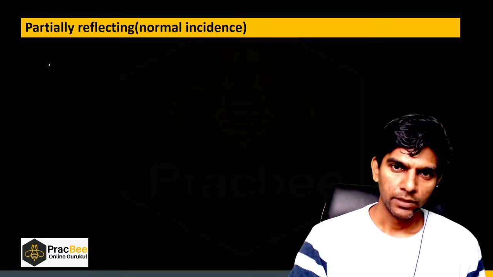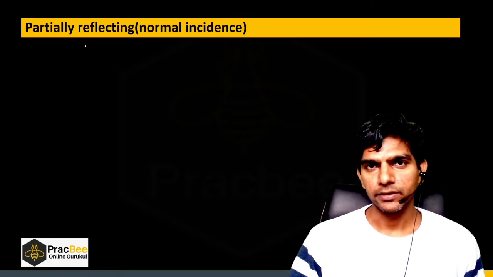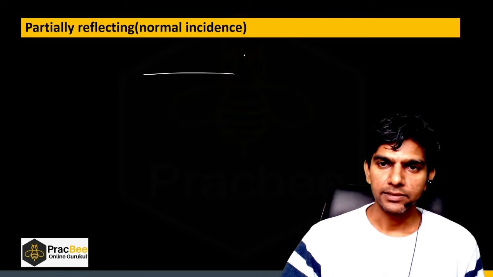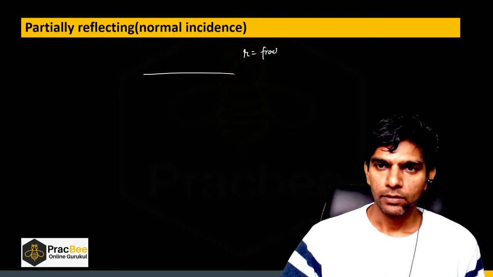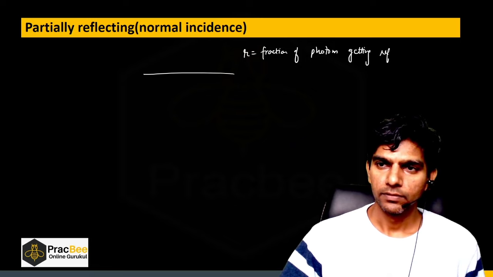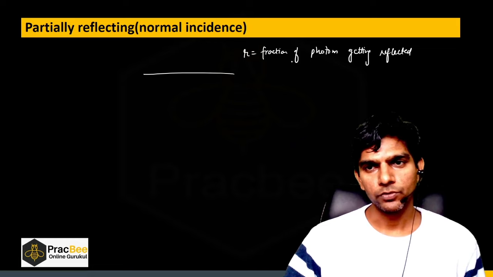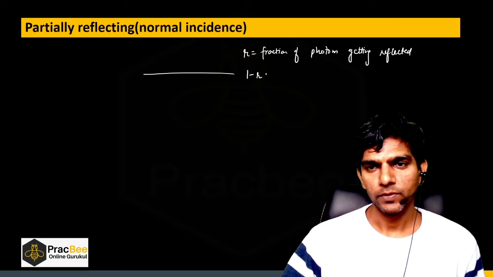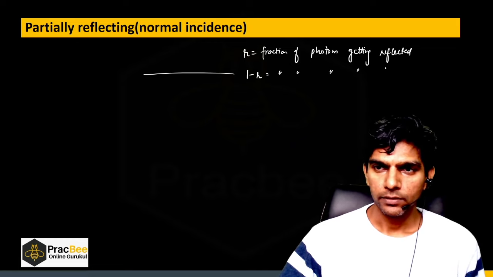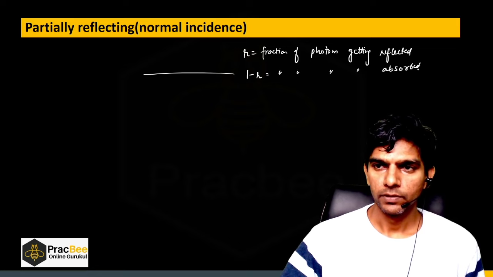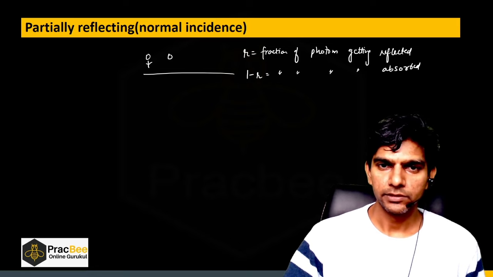Now let us see the case of a partially reflecting surface. We have a surface which is partially reflecting, and let us say R is the fraction of photons getting reflected, right? So if R is the fraction of photons getting reflected, then 1 minus R will be the fraction of photons getting absorbed. And we are considering normal incidence, so photons are being incident normally.